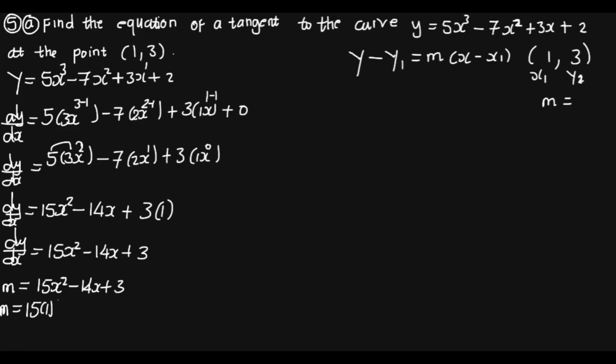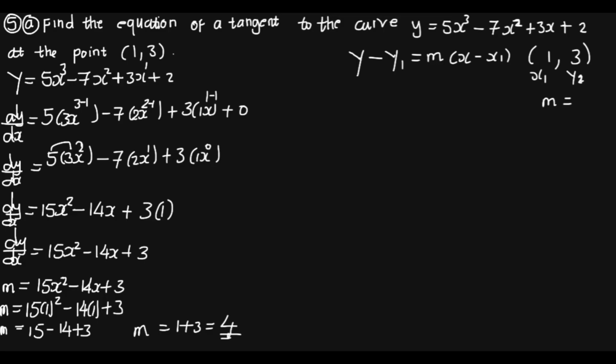So it's 15 times 1 squared minus 14 times 1 plus 3. So 1 squared is 1 times 15, it's 15 minus 14 plus 3. Then our final answer, 15 minus 14 is 1 plus 3, giving us the gradient is 4.